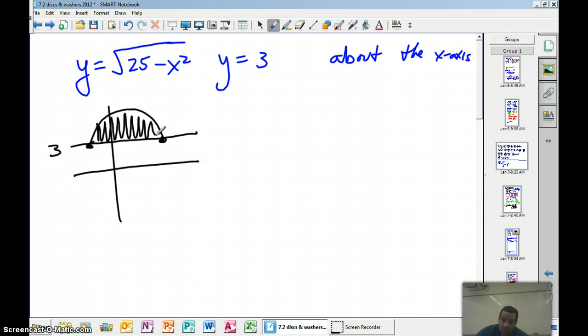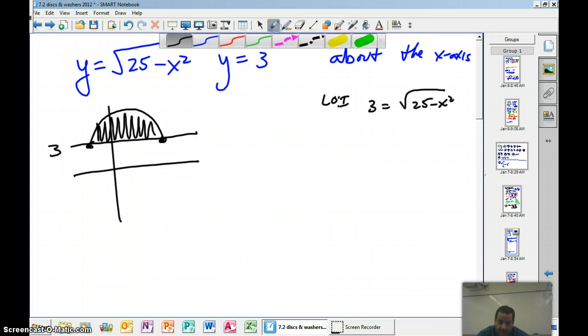I don't know the limits of integration, so let me get them. They can be found by doing this. 3 equals the square root of 25 minus x squared. Square both sides, and I'm going to get 9 equals 25 minus x squared.